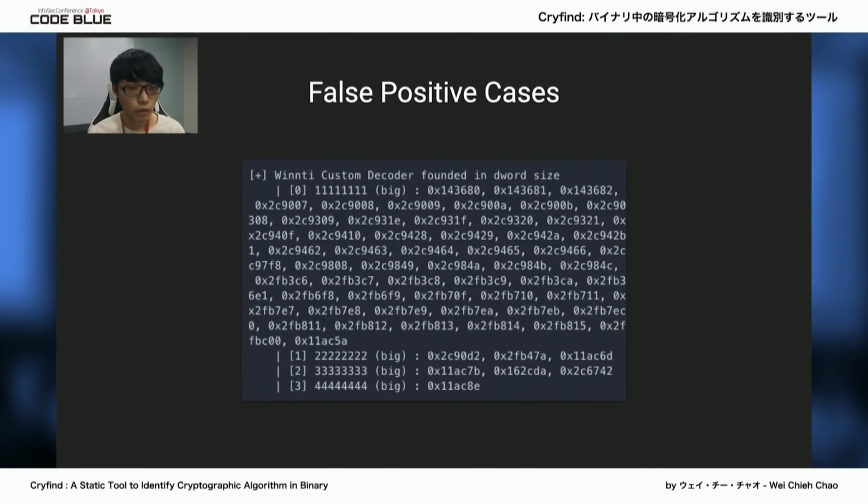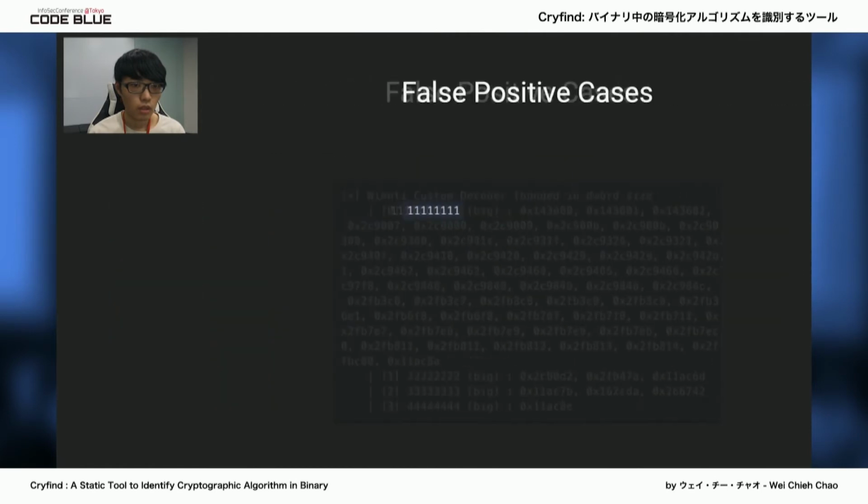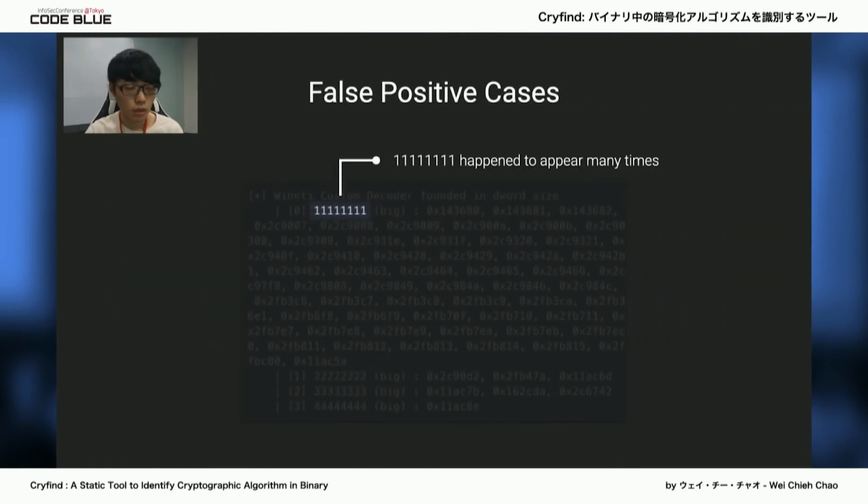While we search for each constant independently, we may encounter some false positive cases. In this example, the first constant appears a lot in the binary file, and the other constants only have a few occurrences.